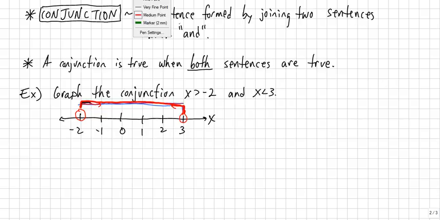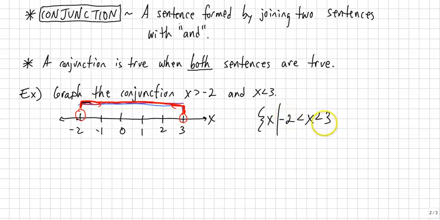So typically we would write that, since we have a between situation, so it'd be any number between -2 and 3, we'd write it like this. So it'd be all x such that x is between -2 and +3. That would be the solution set. So x is bigger than -2 but smaller than 3.